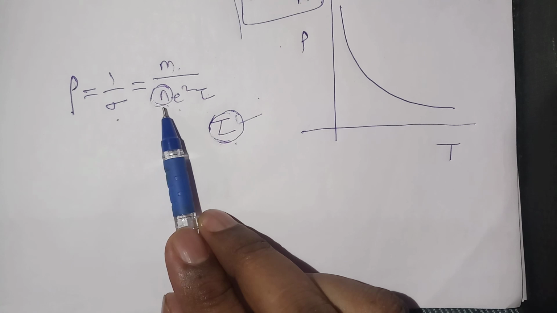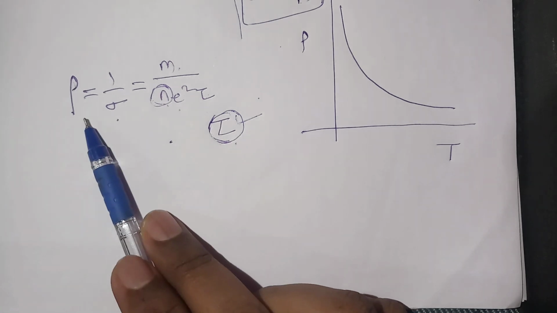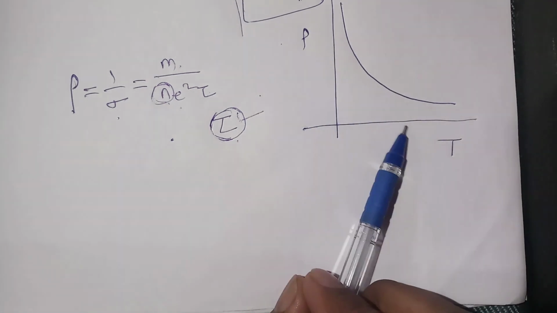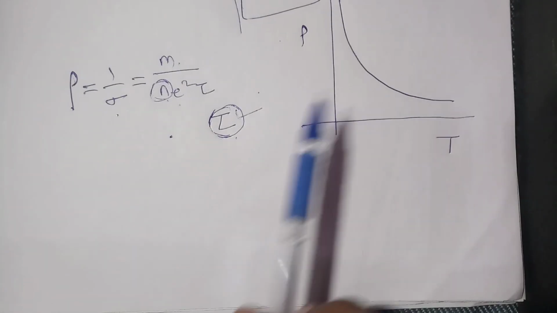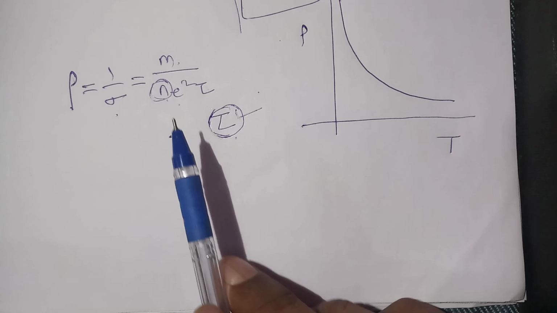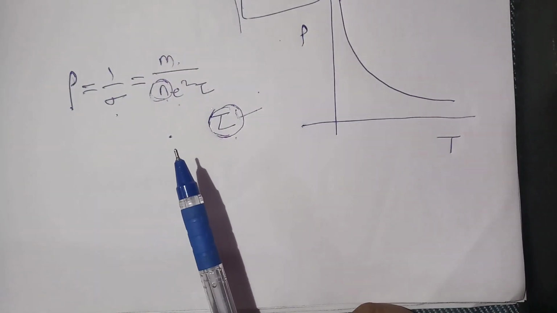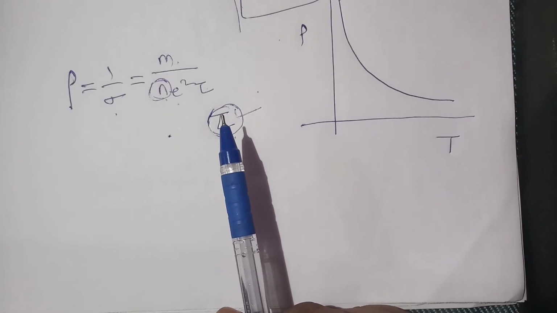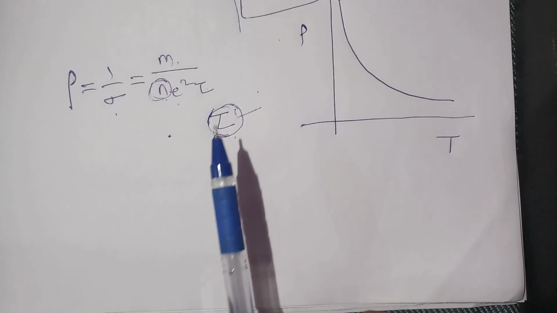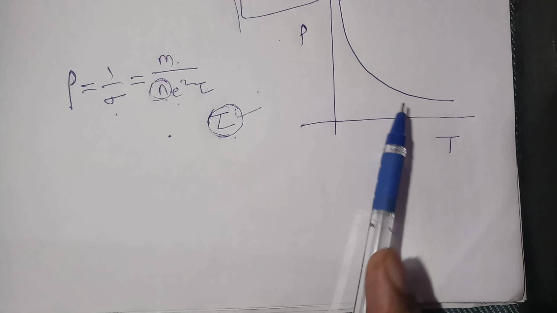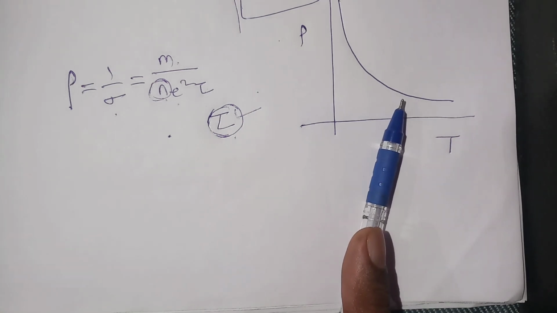Due to the increase in the number of free electrons available for conduction, the resistivity reduces. Resistivity reduces means conductivity increases. So that is the difference between a semiconductor and a conductor. The resistivity of the conductor increases when temperature increases, and for a semiconductor it reduces.